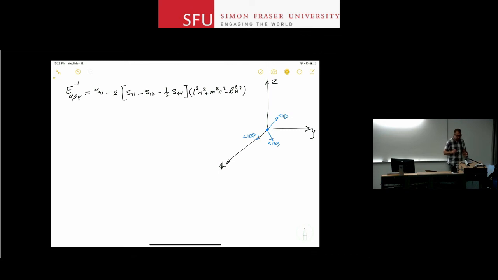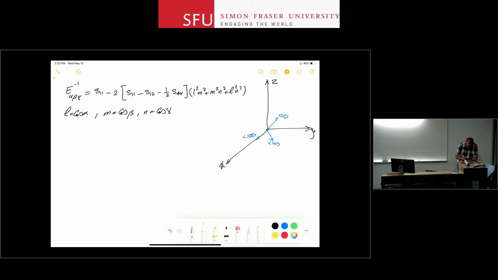And all we need to do is figure out alpha, beta, and gamma. So L is cosine of alpha, M is cosine of beta, and N is cosine of gamma. All I need to figure out is the relative angles between the direction of interest and these axes, and then solve the problem.